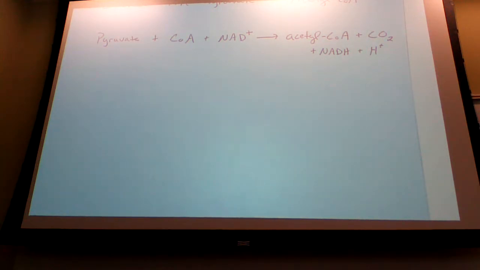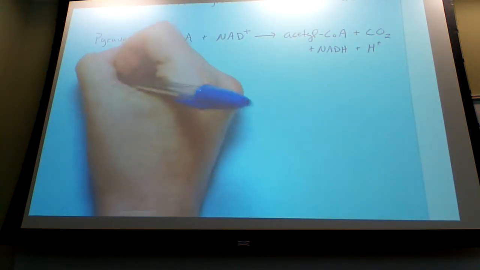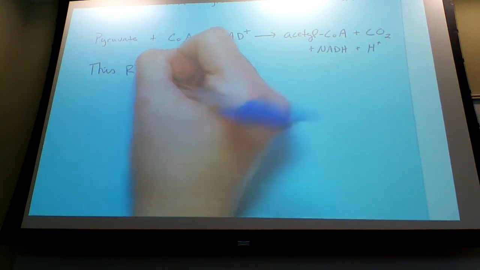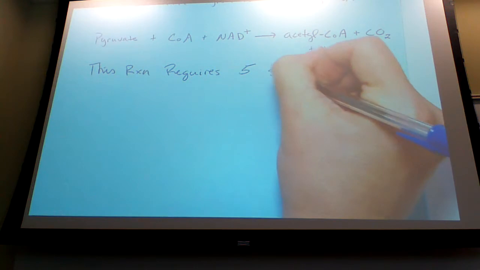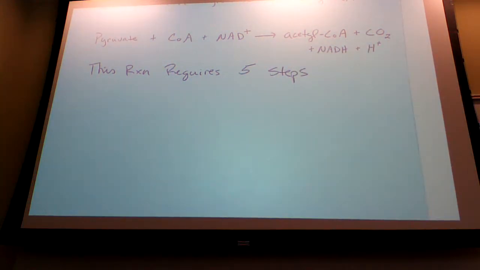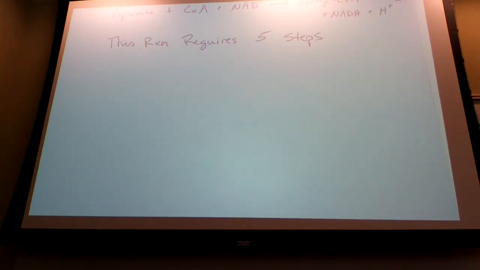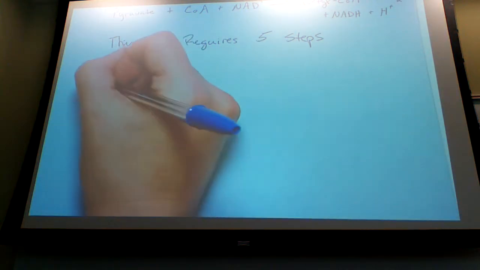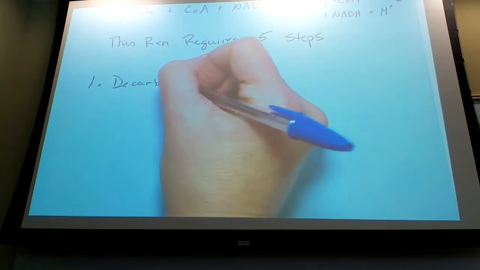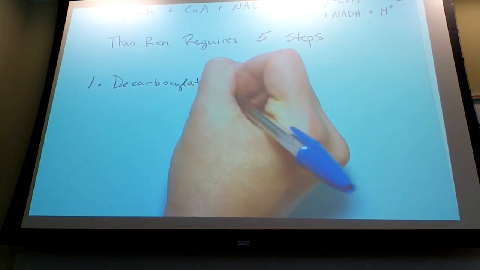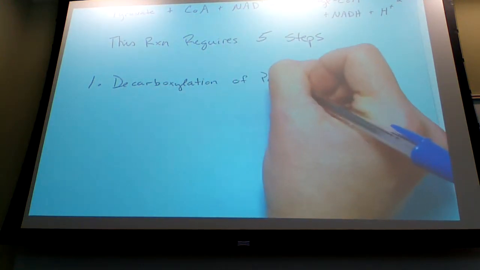Okay, so this reaction requires 5 steps. Three enzymes, 5 steps. So number 1, decarboxylation of pyruvate.